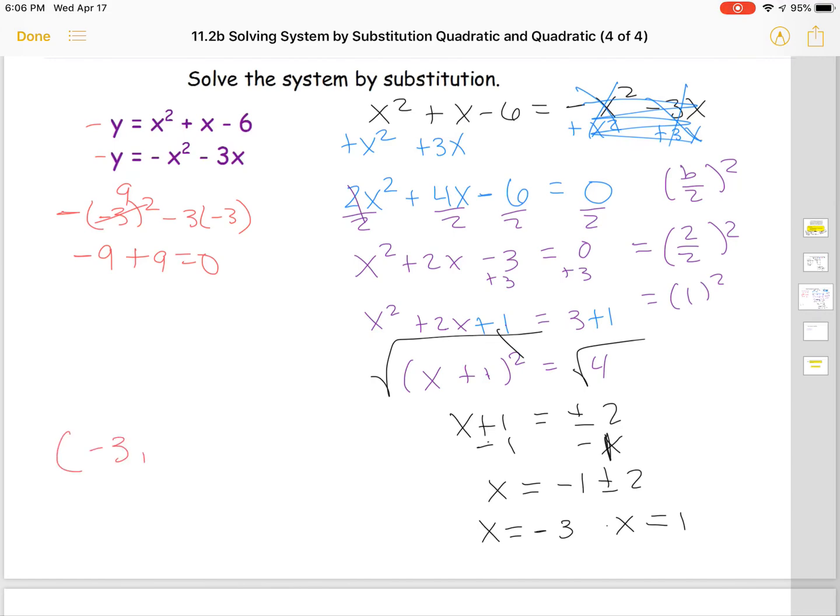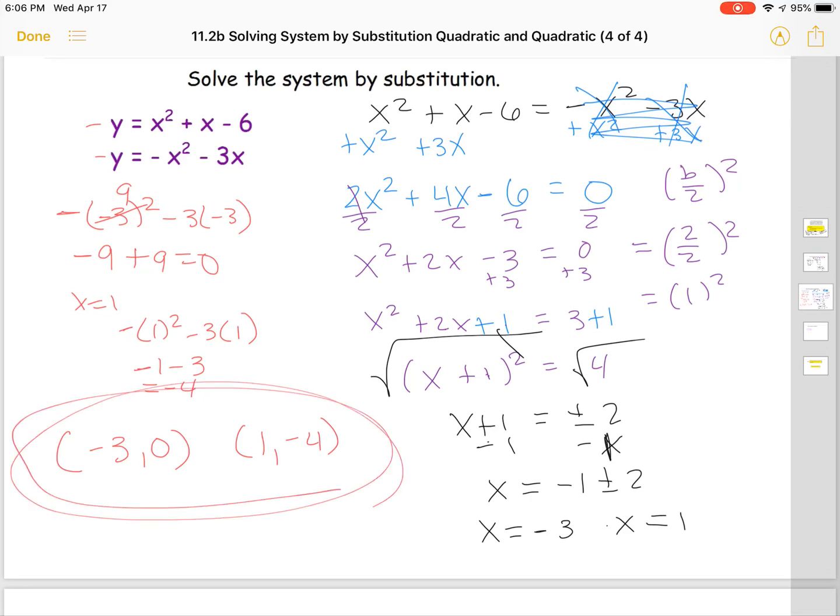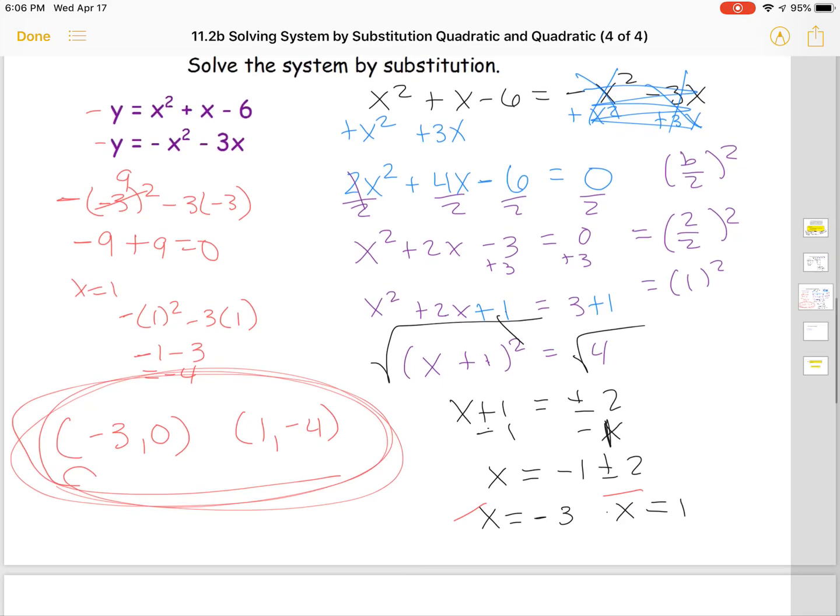So when x is negative 3, y is 0. Then when x is 1, that's negative times 1 squared minus 3 times 1. So negative 1 minus 3 is just negative 4. So when x is 1, y is negative 4. We had 2 x values that we found, so it makes sense that we found 2 solutions as our final answer.